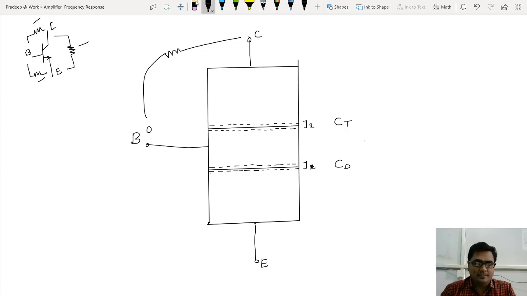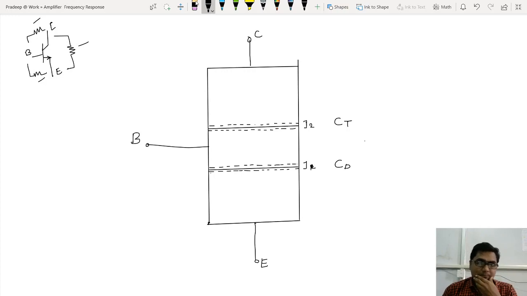This is the base terminal, this is the collector terminal. There may be a resistance present between the base terminal and collector terminal, but that doesn't make any sense. So considering the resistance between the terminals is not needed. What I need is an internal part resistance.